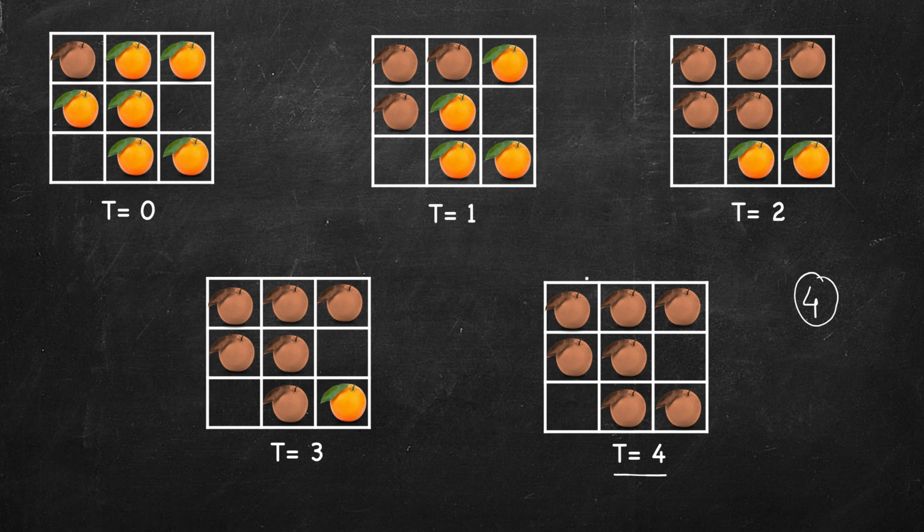We cannot get all oranges rotten before time equal to 4, since only this one can spoil the oranges in its immediate neighborhood, so it will take at least 4 units here. But there may be some scenarios where not all oranges may be rotten.